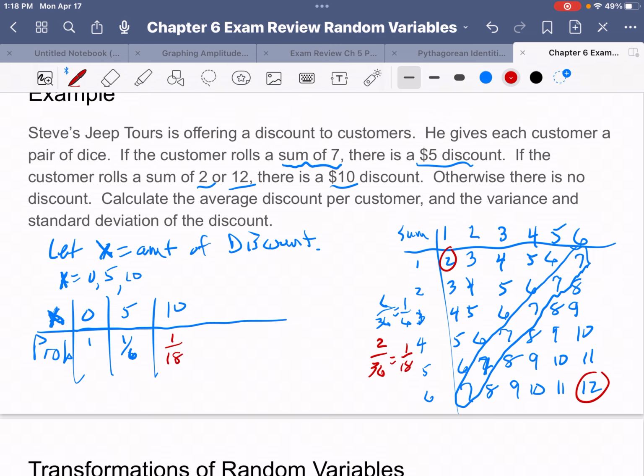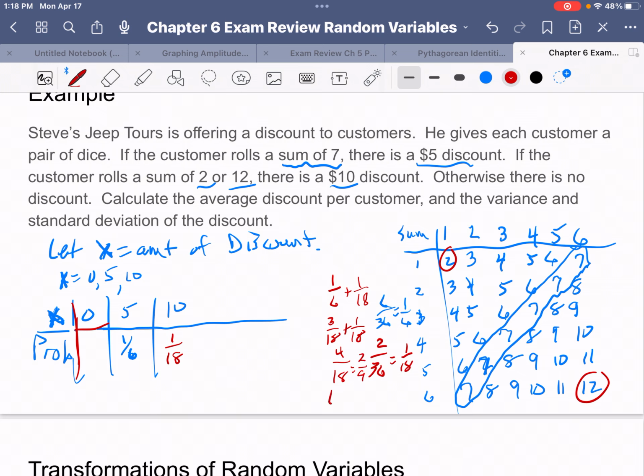$10 discount. Okay? Now, the easiest way to find the probability of getting no discount is to remember that these probabilities must add up to 1. So then let's see, 1/6 plus 1/18, that's 3/18 plus 1/18, that's 4/18, which is 2/9.